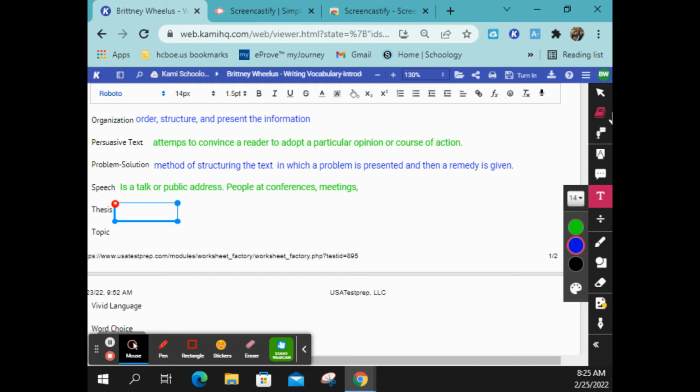We did. And even when we did our Alabama Moon research project, we talked about a thesis statement because I made you pick a topic. And then from that topic, I made you identify 3 main points that you wanted to talk about in your project. Okay. You essentially wrote a thesis at that time.